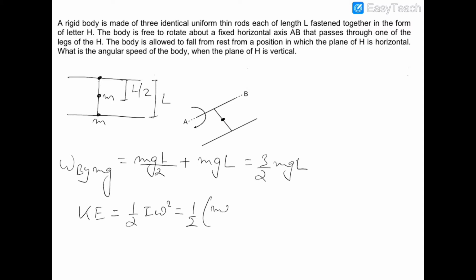So this is mL square by 3 plus the moment of inertia of this rod about this axis can be calculated by applying parallel axis theorem.